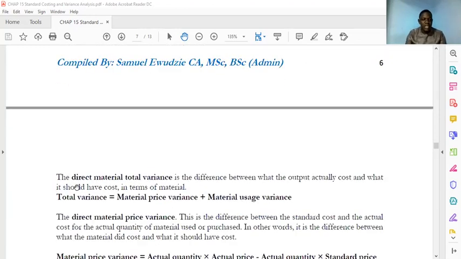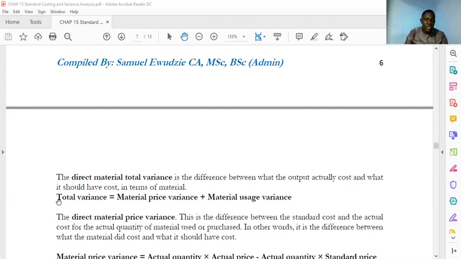So the direct material total variance is the difference between what the actual output costs and what it should have cost. So we compare the actual cost against the standard cost.